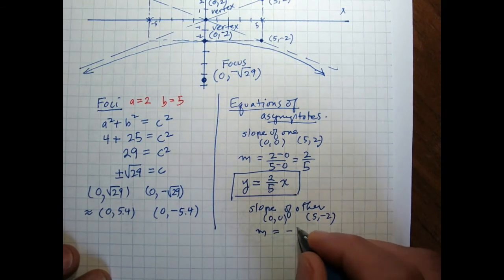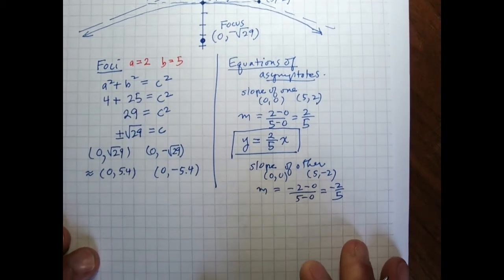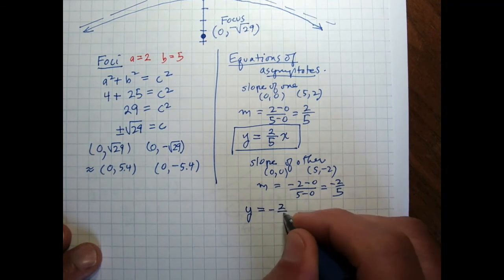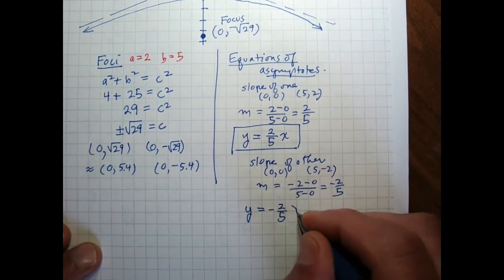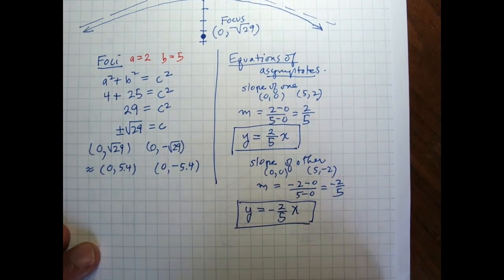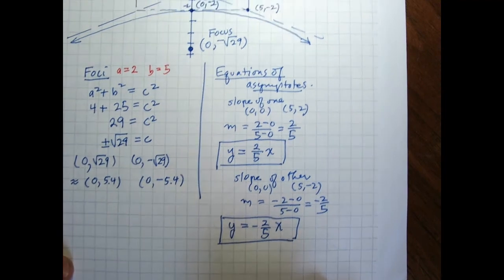That's negative 2 minus 0 over 5 minus 0, which is negative 2/5. But again, you don't have to go through that calculation each time. You can just take the opposite slope of the first slope you calculated, because it's always going to come out this way. The other asymptote has equation y equals negative 2/5 x.